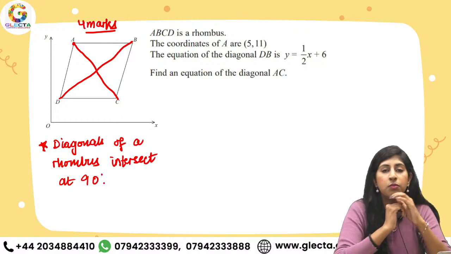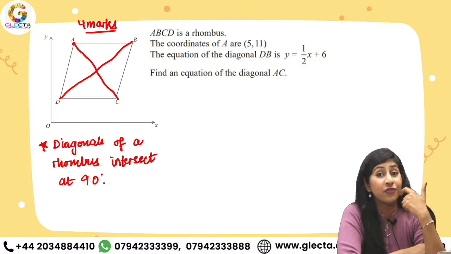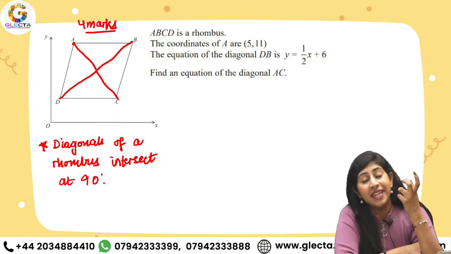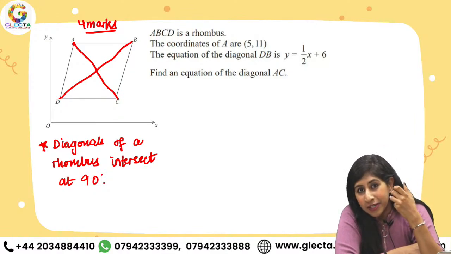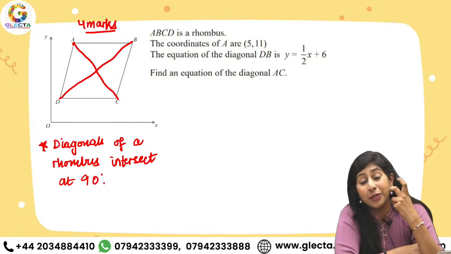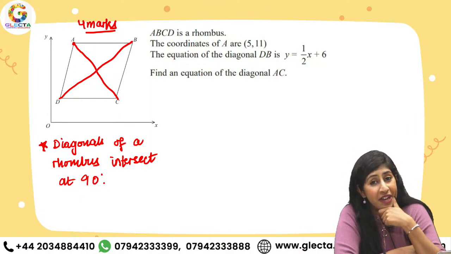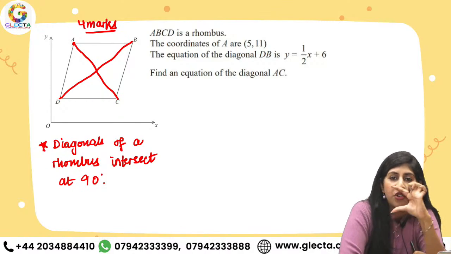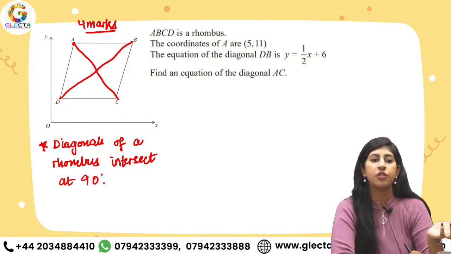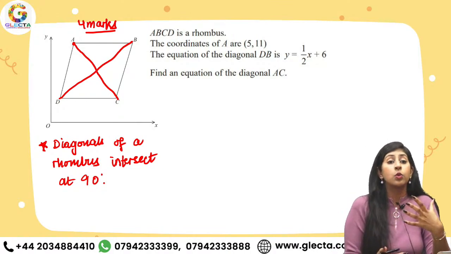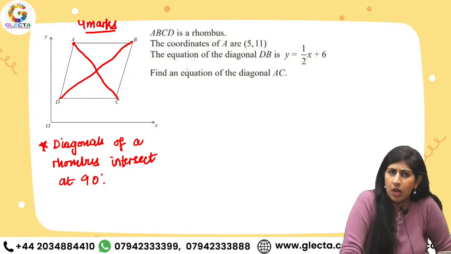Now see, if you are not able to think of this property in the exams, then it would get difficult to think of what concept we are going to use to find out the equation. Now if I have told you this first statement, it of course becomes easy. You know how to find out the equation of a line which is perpendicular, right? So now let's do it.